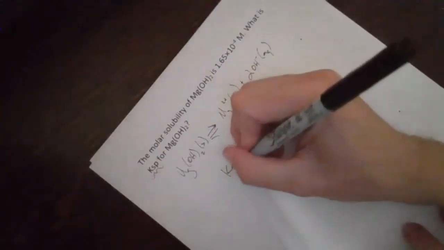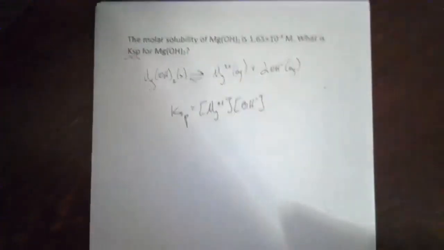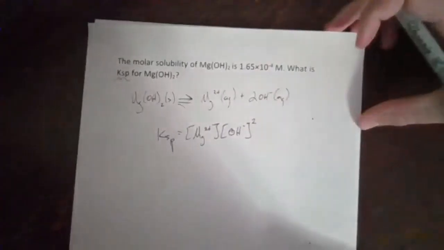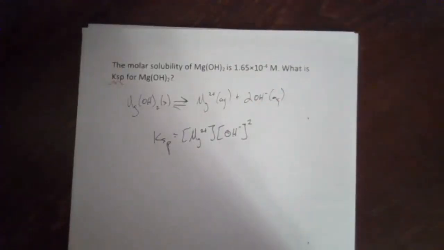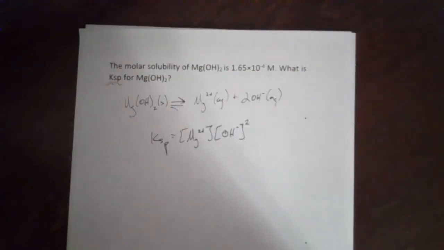So that'd be our solubility product: concentration of magnesium times concentration of hydroxide, and that should be squared, sorry, the concentration of hydroxide squared, because there are two right there. So there's our equilibrium constant expression for dissolving magnesium hydroxide. We call it the KSP because it is dissolving a salt. And if we wanted to know the value of KSP, we just need to plug in the values of these. So what we need are concentrations at equilibrium.